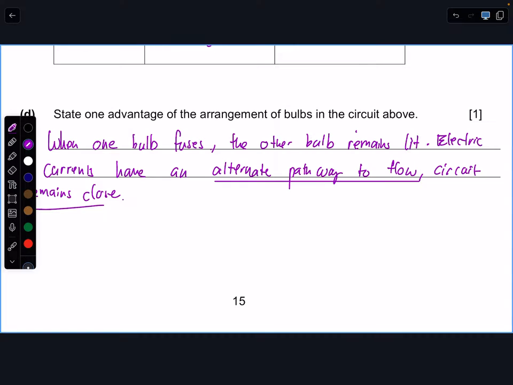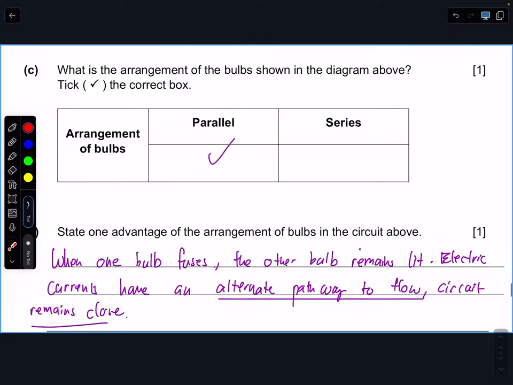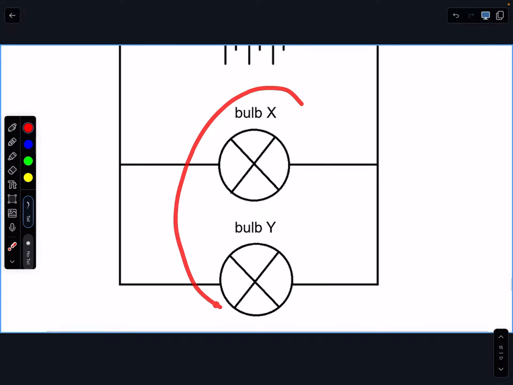If you're given a scenario whereby you need all the bulbs to be in equal brightness, then by all means that is an advantage. But in another scenario, that may not be the case, especially when you're trying to conserve battery. So therefore, the best answer is when one fuses, the other remains lit, because in this circuit, you intentionally have to.